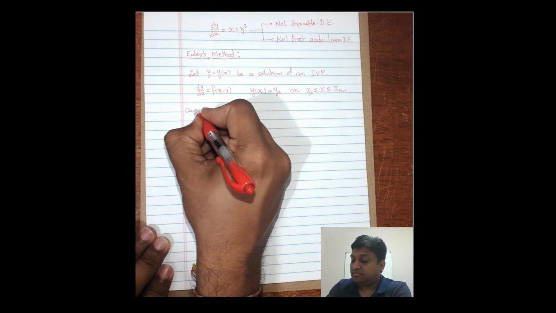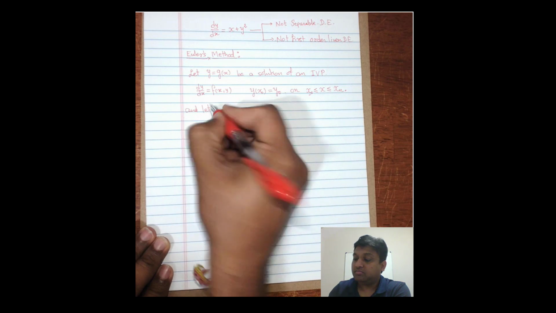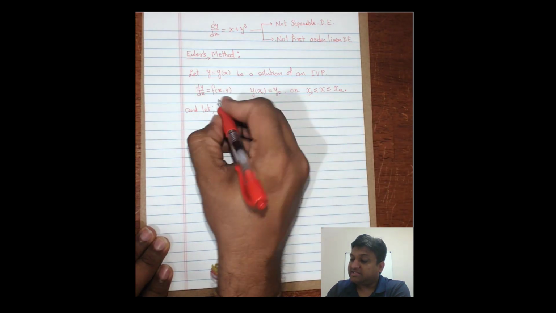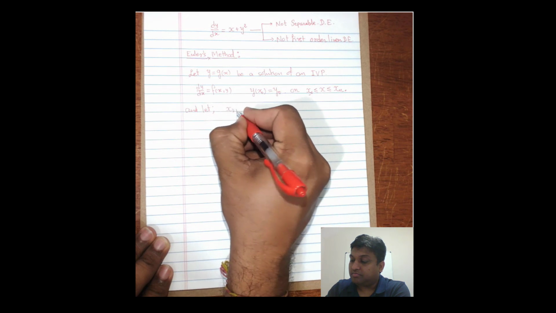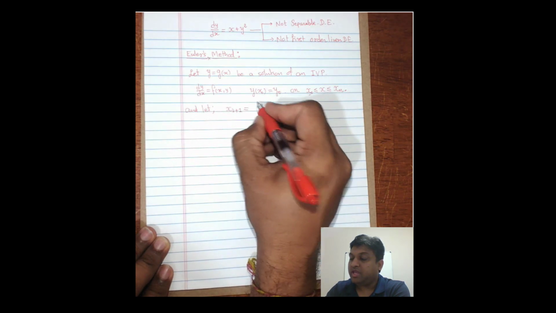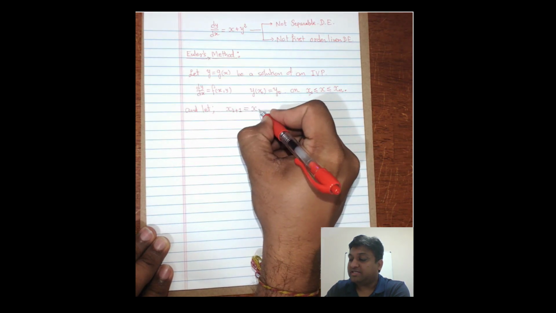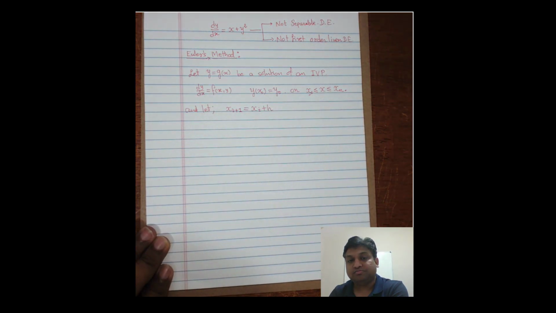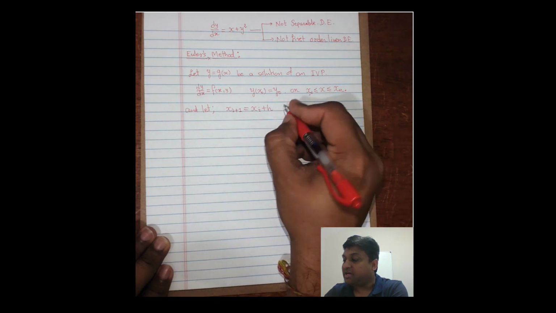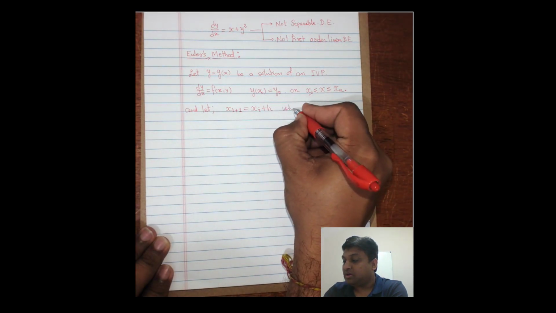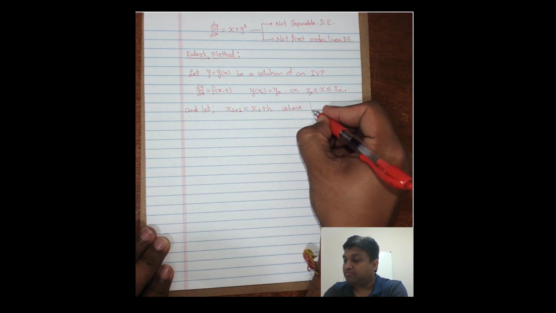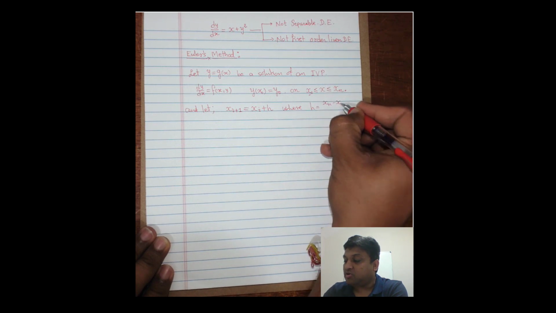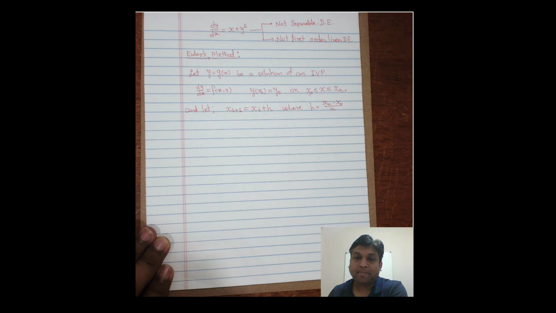And let xi plus 1 be obtained by simply adding h to the previous x value, where h is xn minus x0 divided by n.